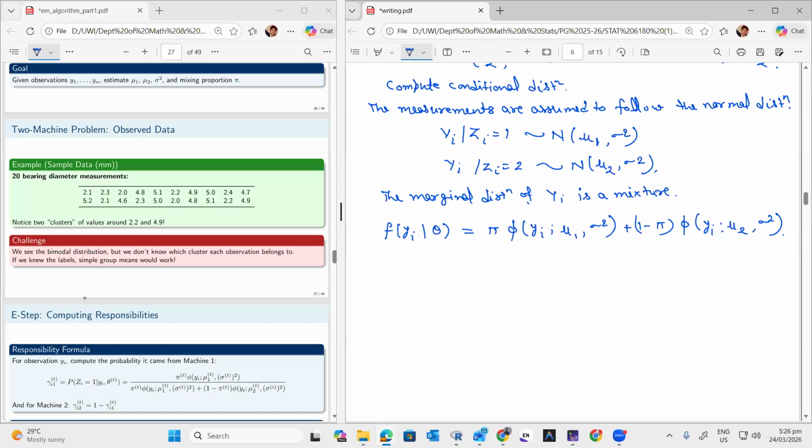We obtain this formula in the similar way as we obtained in the previous one.